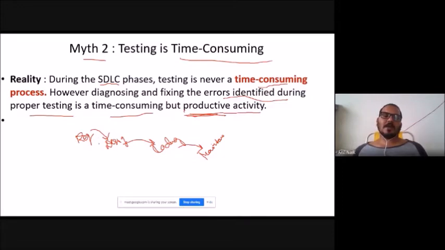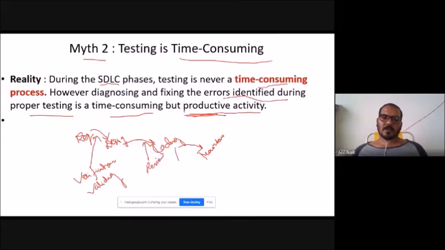After the requirement, we go for the verification and validation testing process. Then in the design, we go for reviewing the design.